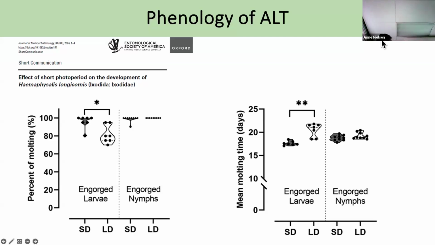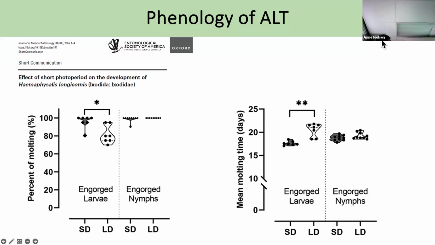And we looked at the percentage of molting and the mean molting time, the time that it takes them to molt. We saw that there was no difference in engorged nymphs, so they don't seem to be affected by the photoperiod, which makes sense because they are not in a hurry to molt into the next stage. But that seems to be different for engorged larvae.